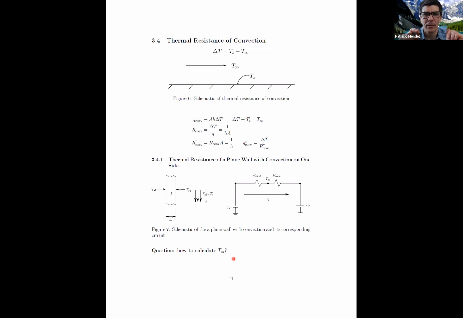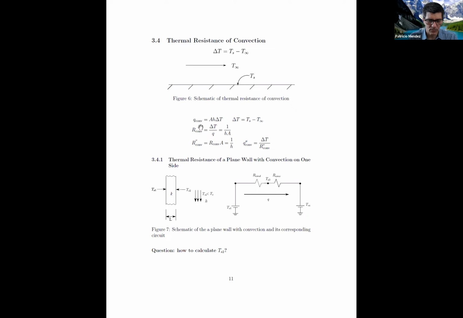All right, but you might come back to me and say, but how about convection? Don't you have convection heat transfer between the air and the wall? I'm going to say, yeah, absolutely. And convection has a resistance too.